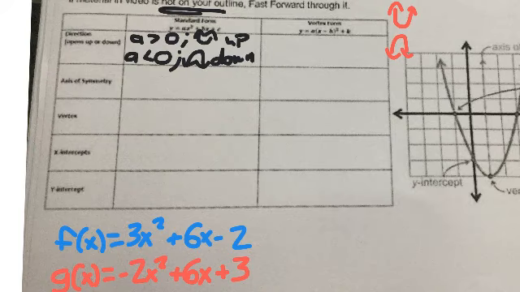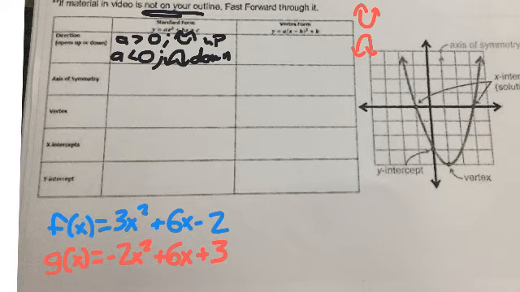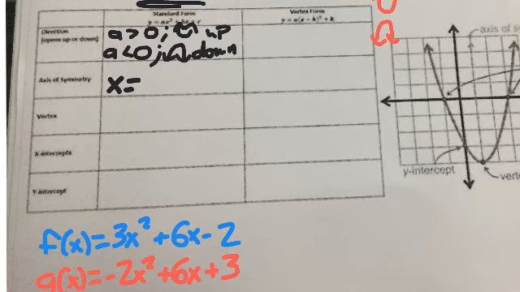Now, an axis is a line, so we are going to be given the equation for this line. We know the line is vertical, so I know it's of the form x equals, because those always start x equals.